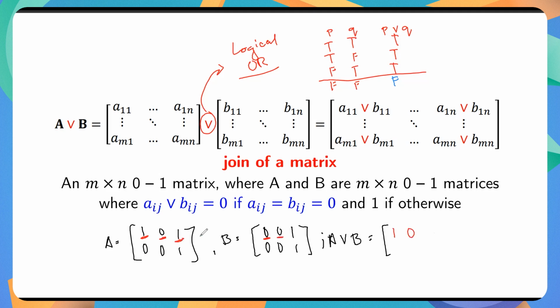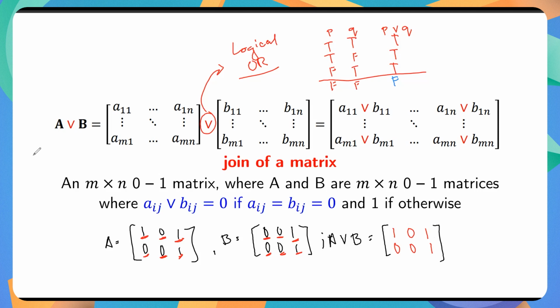And then 1 or 1 is 1, 0 or 0 is 0, 0 or 0 is 0, 1 or 1 is equal to 1. And that would give you this answer.